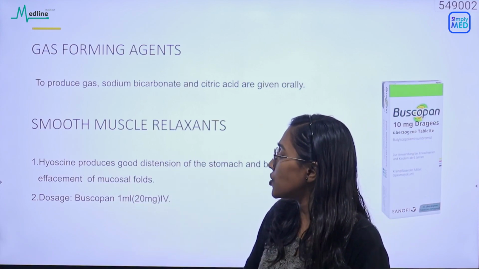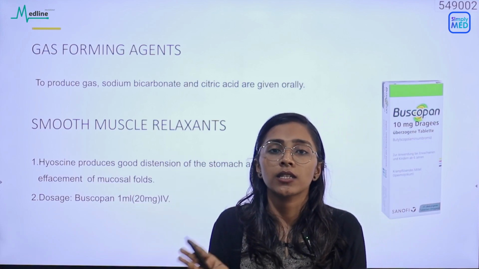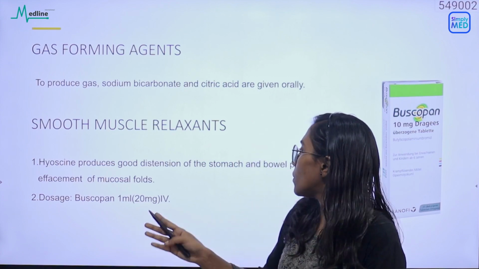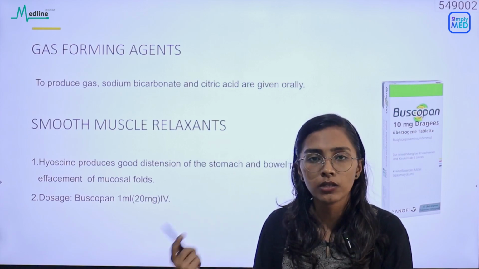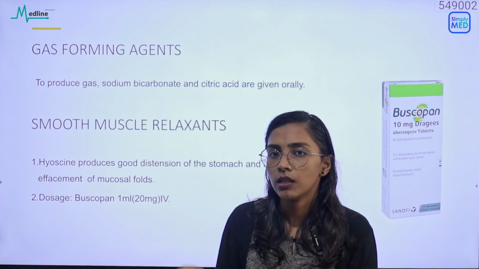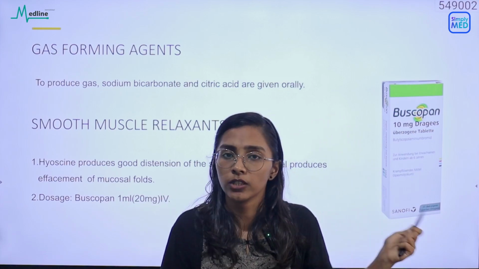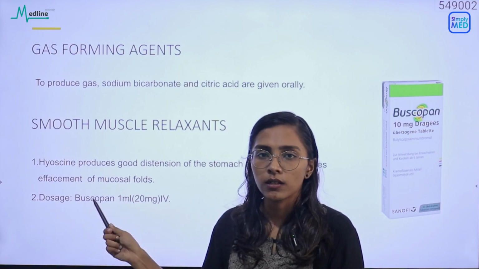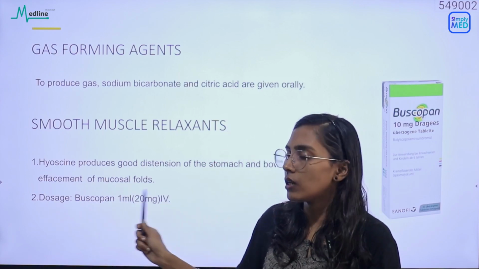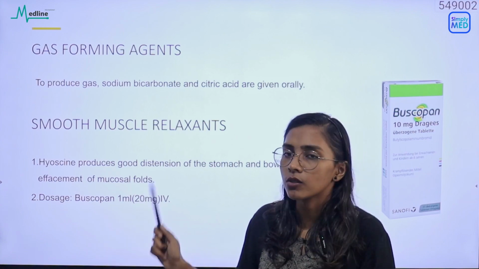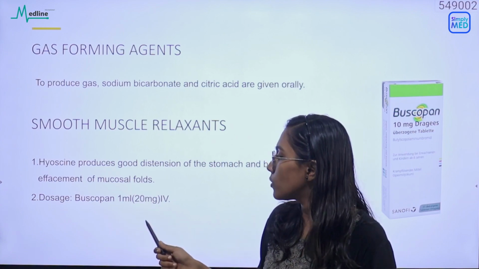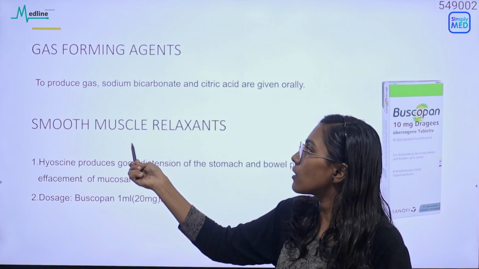Their function is to produce good distension in the stomach wall or bowel wall and produce effacement of mucosal folds. The chemical name of Buscopan is hyoscine. And how much can you give to a patient? The dosage is 1 ml of Buscopan intravenously. Okay, so these are the contrast agents.